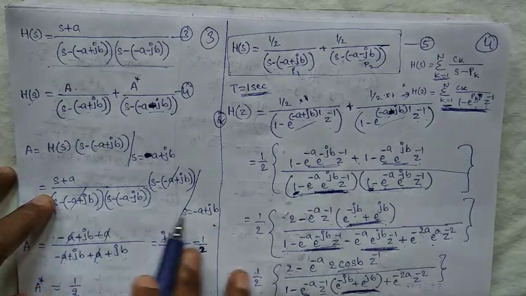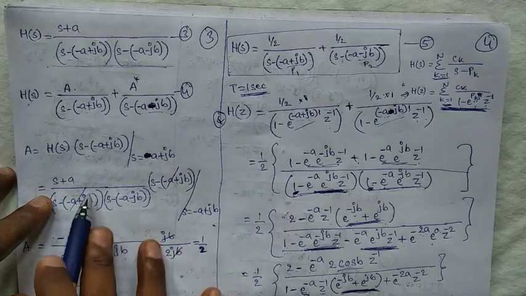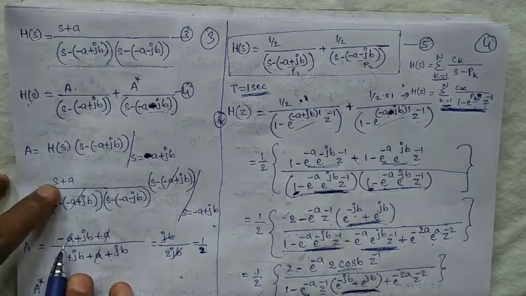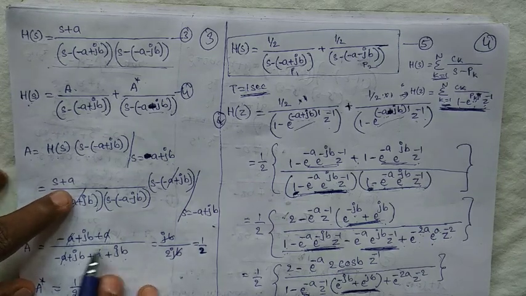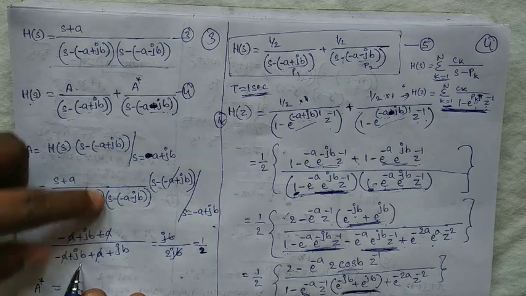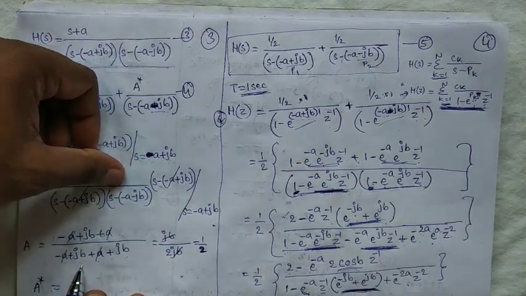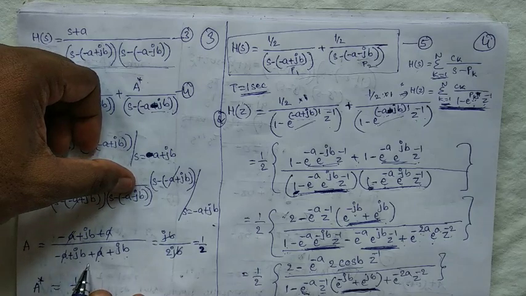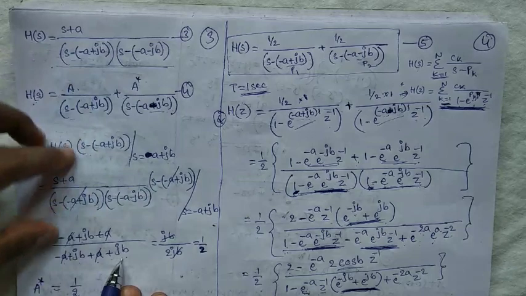After cancelling the terms, we substitute s equal to minus a plus jb in the remaining terms. In the numerator, s is minus a plus jb plus a. In the denominator, we substitute minus a plus jb minus of minus a minus jb, where the minus is multiplied with these two terms: minus into minus plus a, minus into minus plus jb.